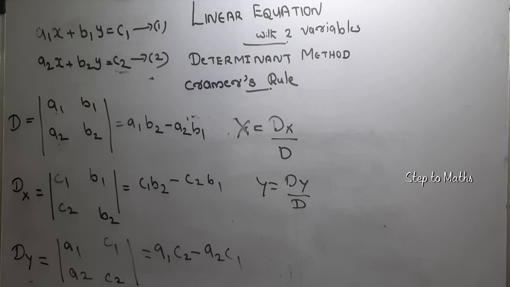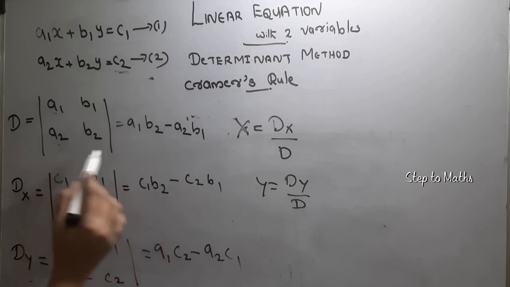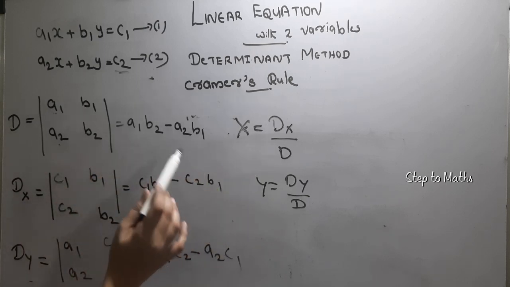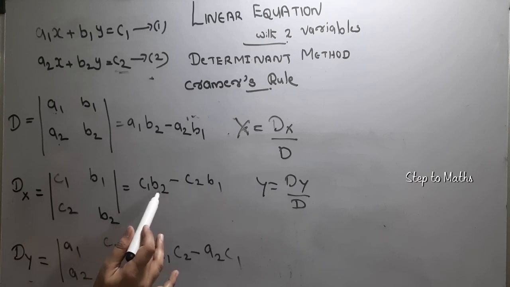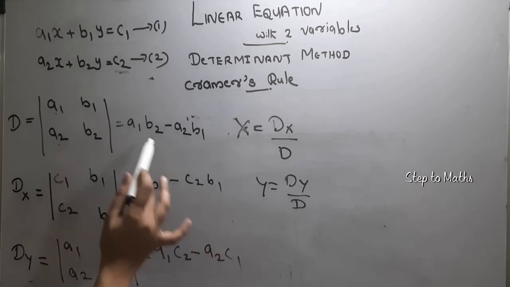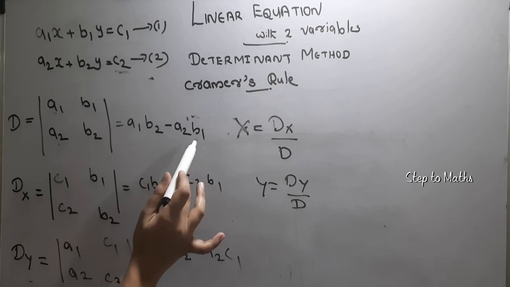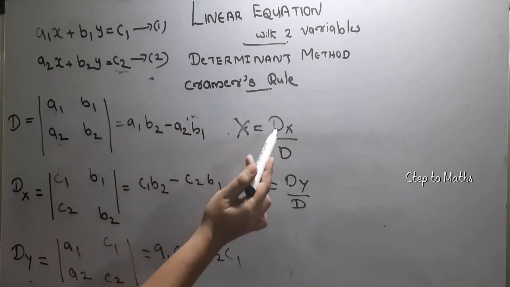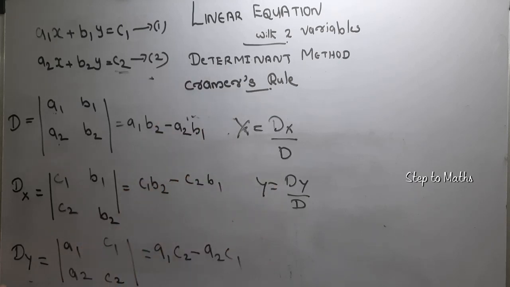In the first method we equate the coefficients of x and y, which I showed already. If we compare the equations, then we know x is C1 B2 minus C2 B1 upon A1 B2 minus A2 B1. That is simply written as dx by D. Similarly, for y, first represent D as the coefficients of x and y.